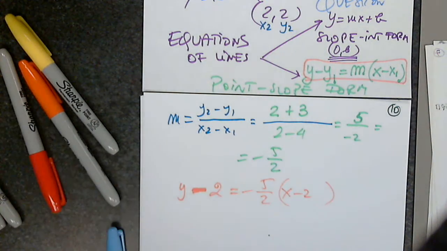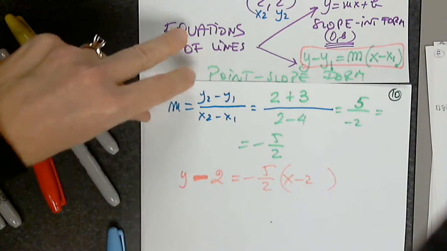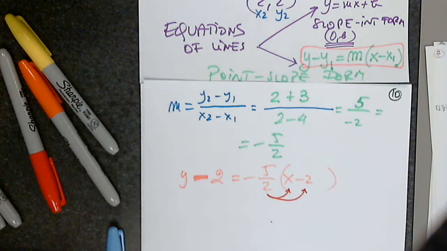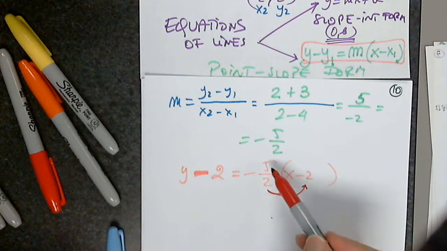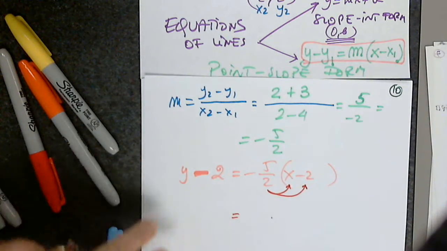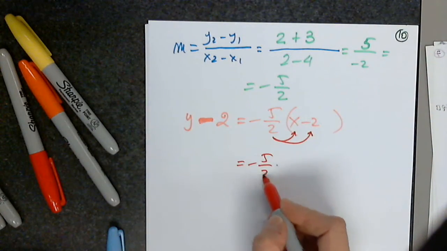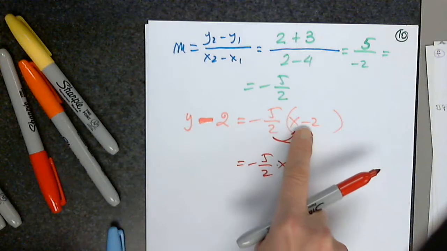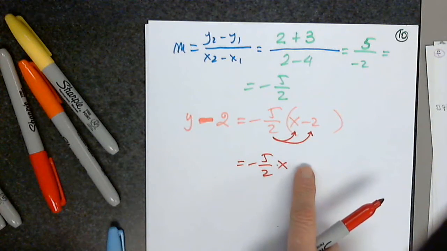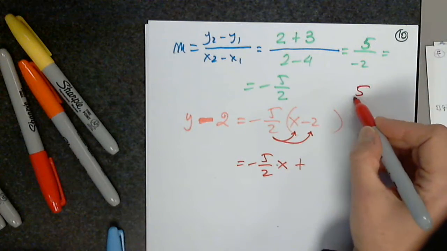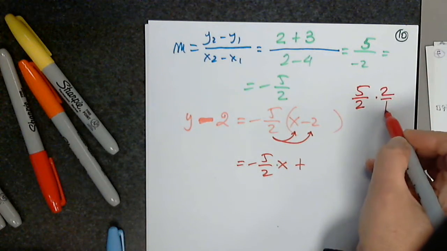Very good. So now I have to distribute. It's mandatory. I distribute negative 5/2 to these two terms. So negative 5/2 times x. What is that? Very good. Now I multiply a negative by a negative. What will be the outcome? Very good. Let's multiply on the side if this is difficult to see. 5/2 times 2/1.